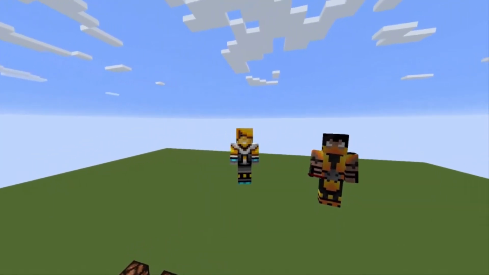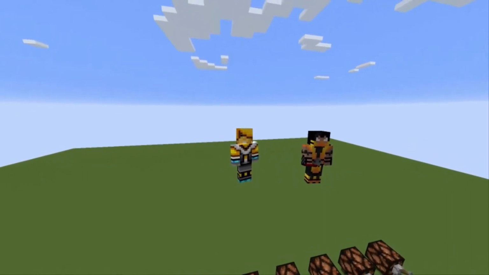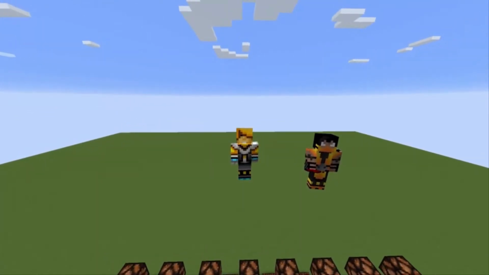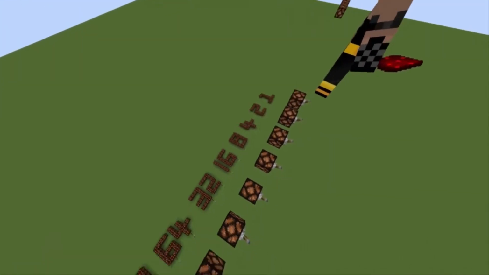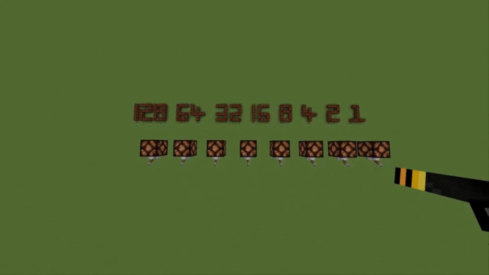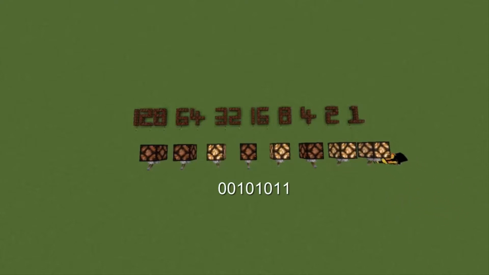To start with, we will be showing you how to easily convert an 8-bit binary sequence, base 2, to decimal, base 10. Each illuminated light represents a 1 in binary, and lights which are off represent a 0. The number which is shown here, for example, would therefore be 0, 0, 1, 0, 1, 0, 1, 1.